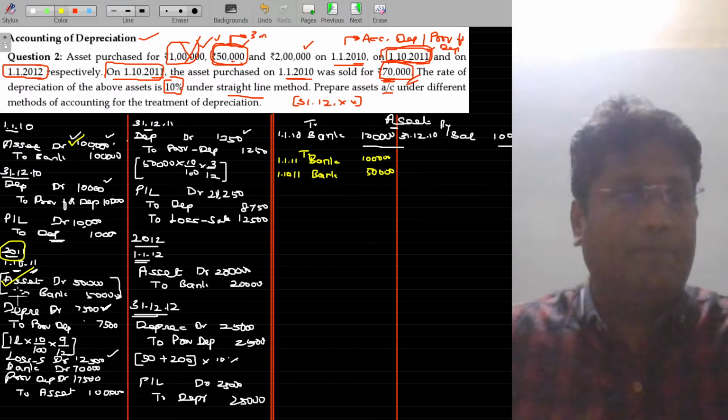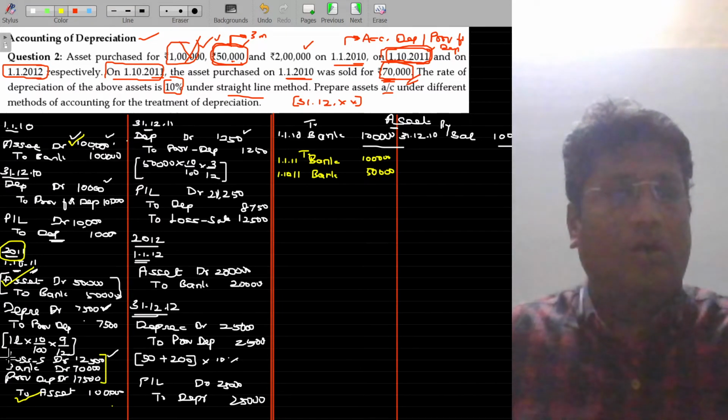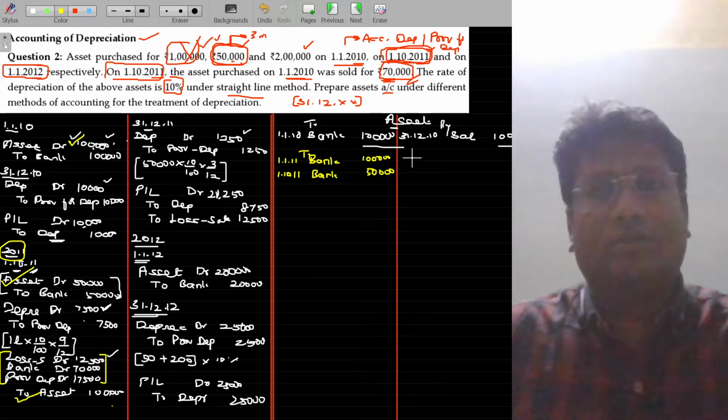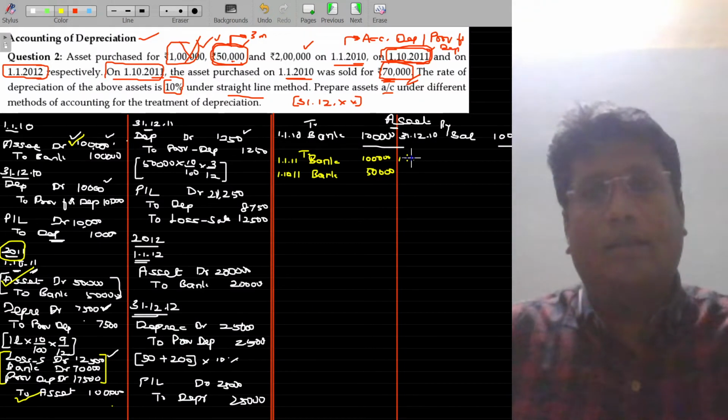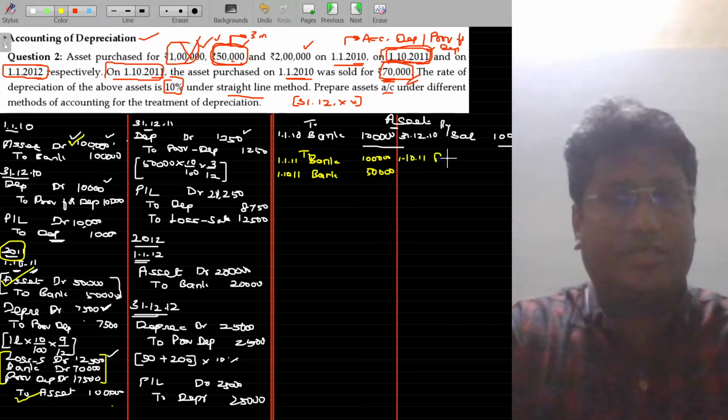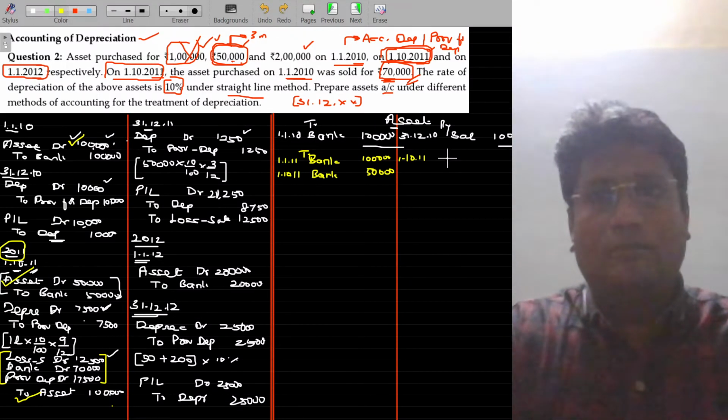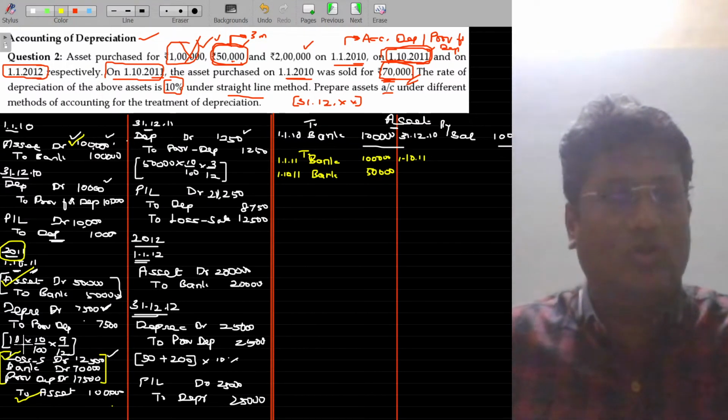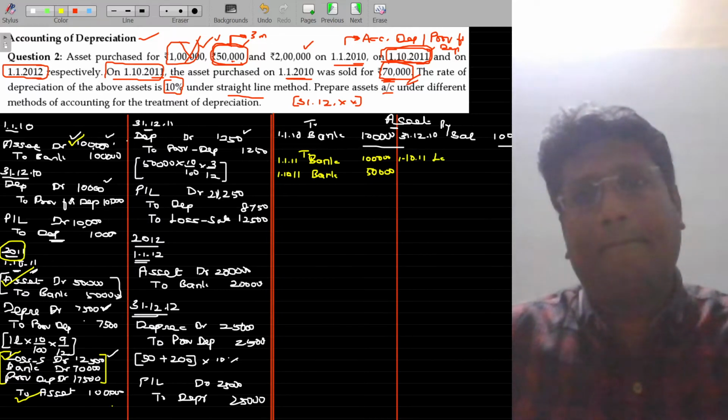At the same time, we sell the assets, 1 lakh. 1 lakh should be in the credit side. While posting this value in the credit side, all the opposite items should be posted. 1/10/11 depreciation, loss on sale 12,500.